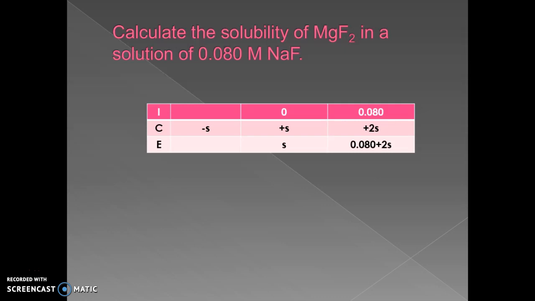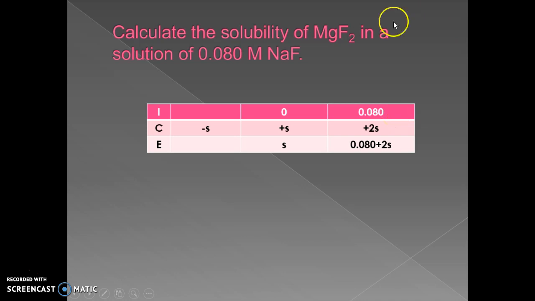So let's say we've got this situation. We want to calculate the solubility of magnesium fluoride if I already have a solution of 0.080 molar NaF that magnesium fluoride is going into. So this should all look the same except for the F minus column. I already have 0.080 molar of fluoride.